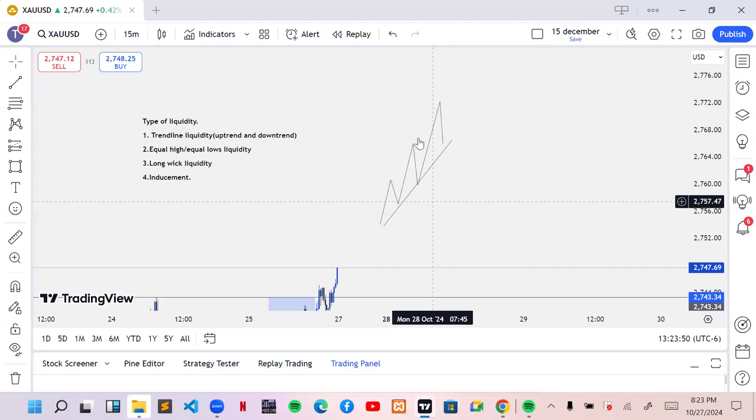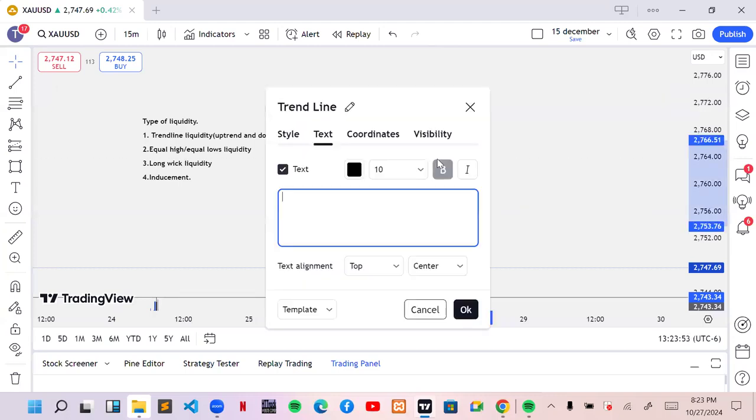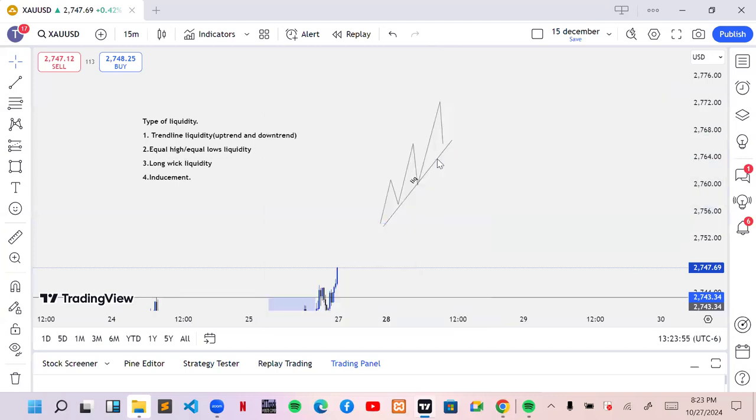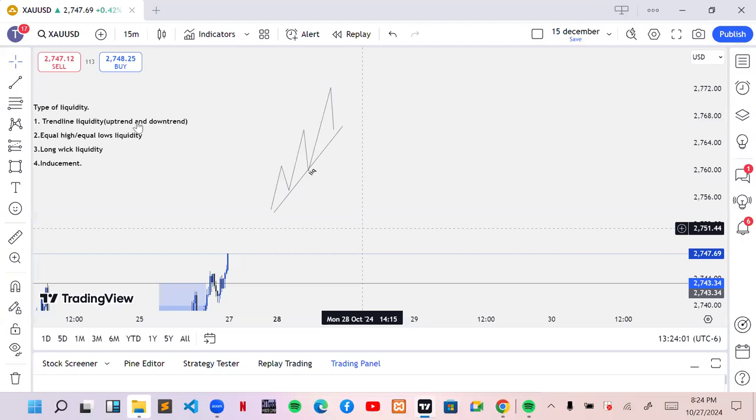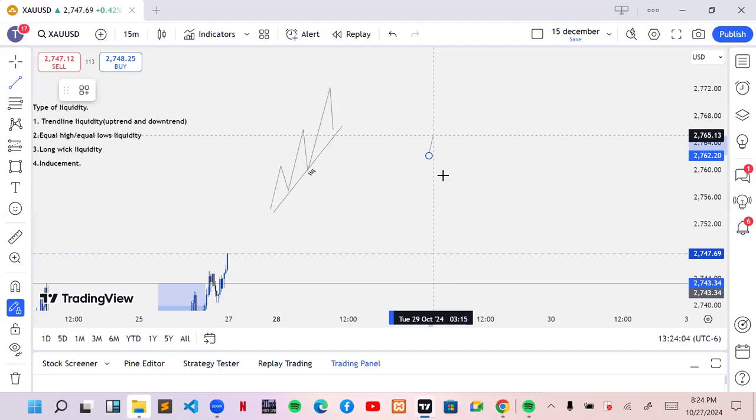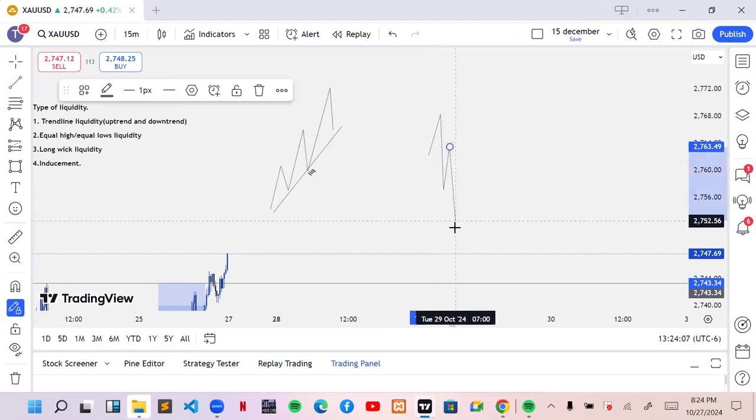So if it's an uptrend, just know there's liquidity being accumulated down here. And if it's a downtrend, there's liquidity being accumulated on the upside. So if it's a downtrend, lower highs and lower lows, there's liquidity being accumulated here.